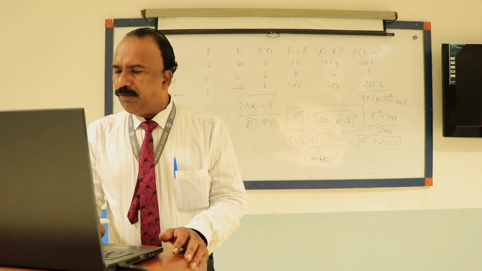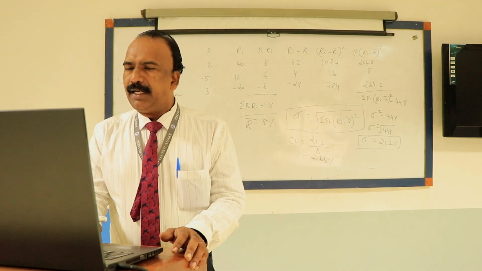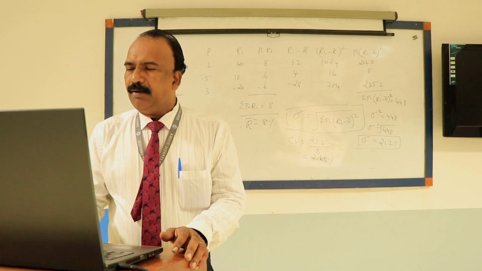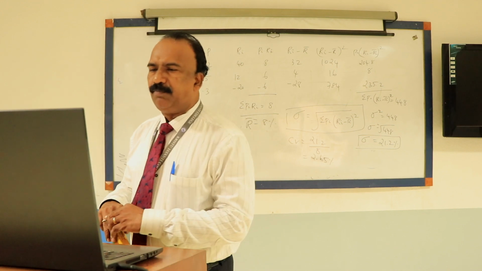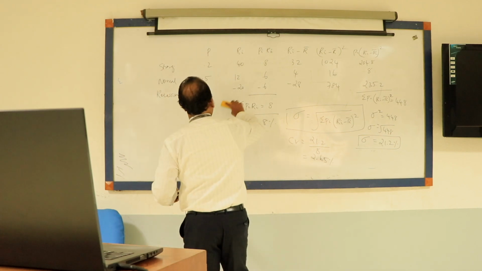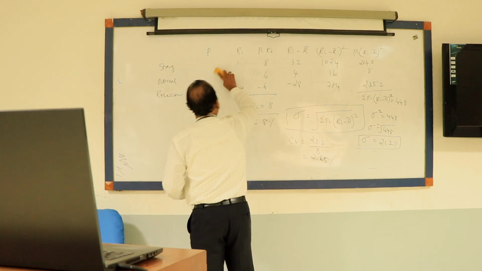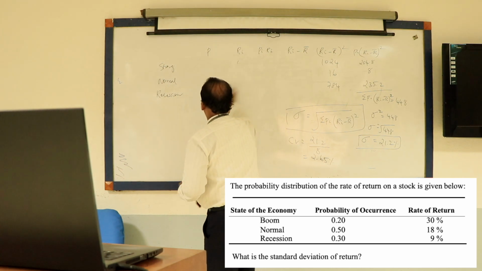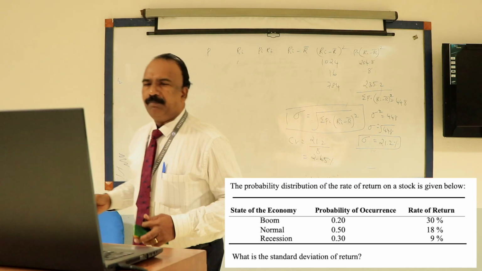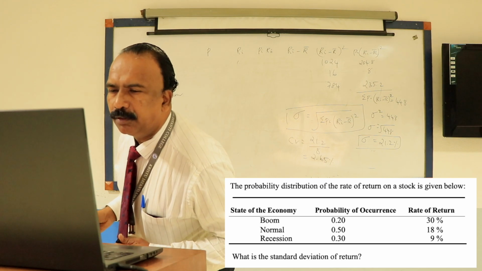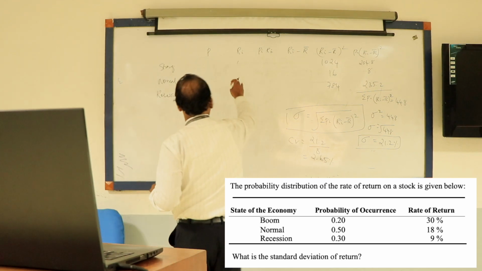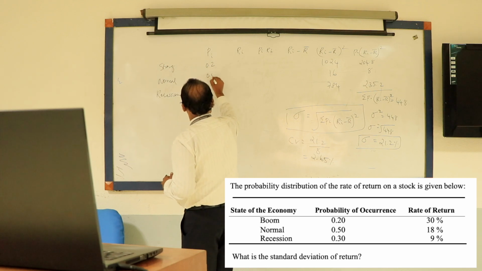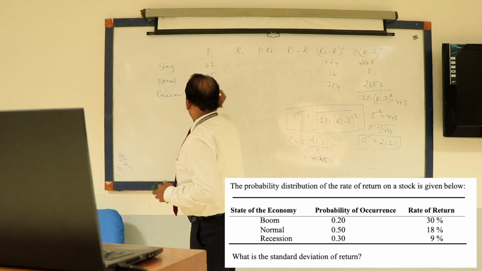I'll solve one more case. Additional cases are also there for your practice. Please calculate that. Tell me the values. The probabilities are 0.2, 0.5, 0.3.